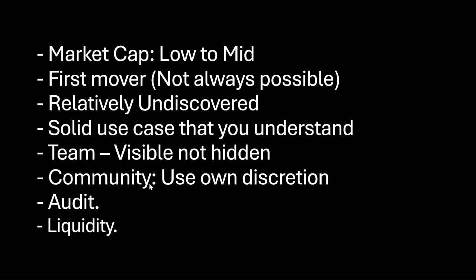Then community. I was referring to the size, right? When I said use own discretion, I was referring to the size. I wanted to put a value, but then I thought about it. What is large to me might not be large to you, right? So you want to be in a community that is relatively large. I don't want to put out any figure.